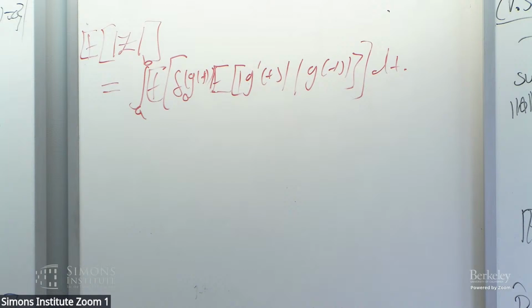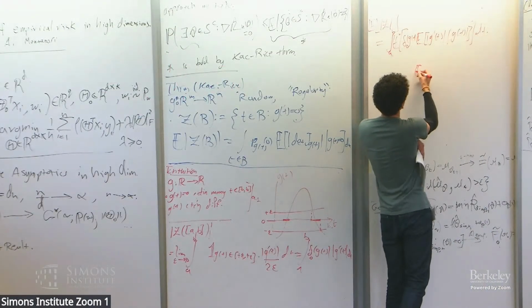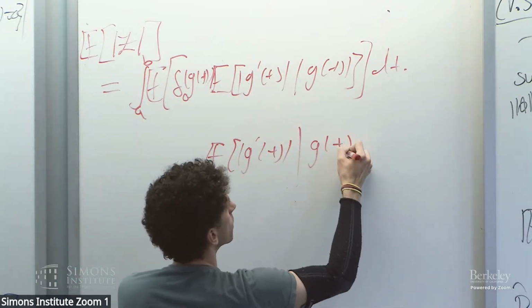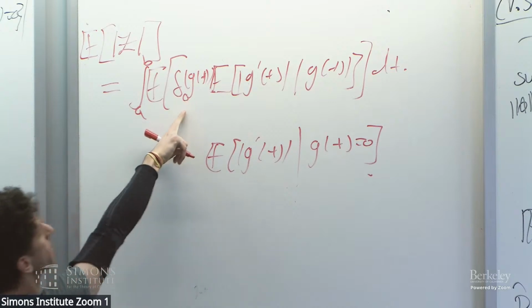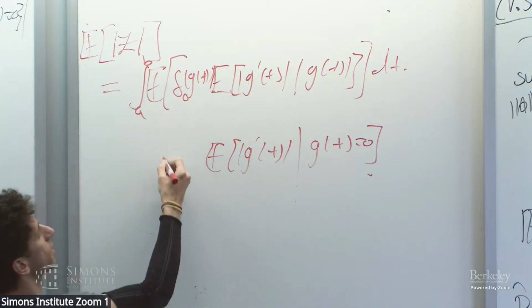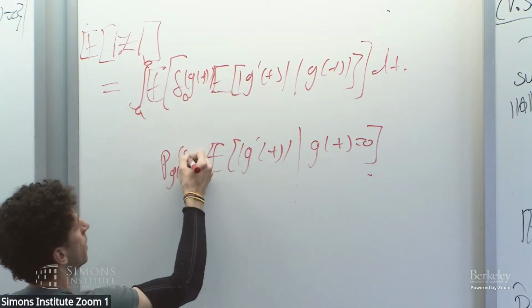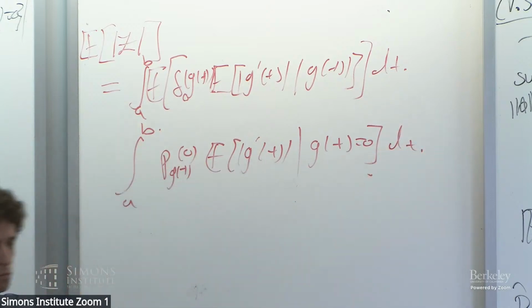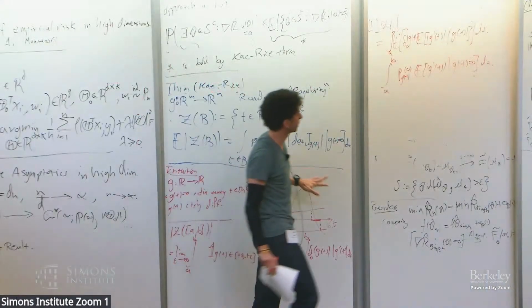And this retrieves the form here, conditional on G(t) equals 0. And when I integrate the delta function against the density of this guy, I get the density at 0. This is just the one-dimensional version of the multivariate statement, which is the one that we need.